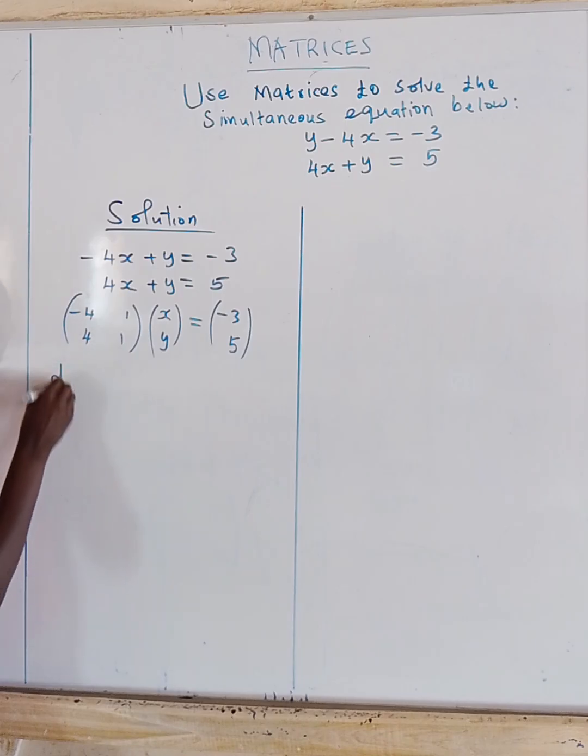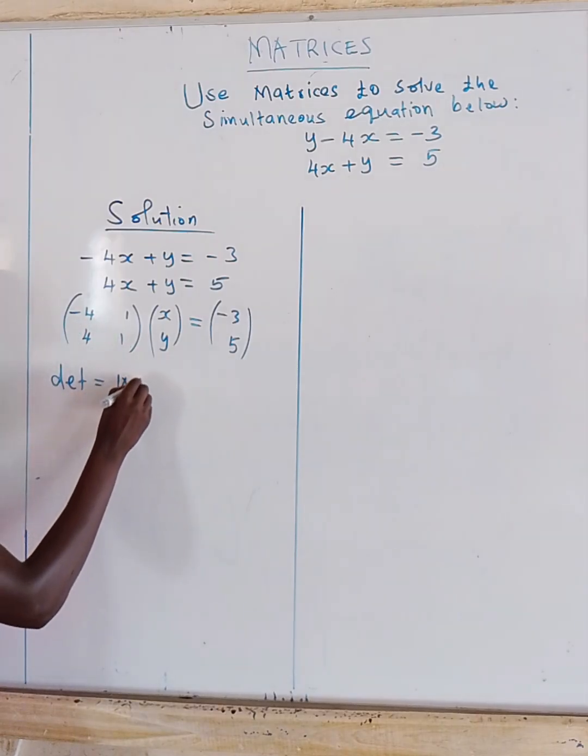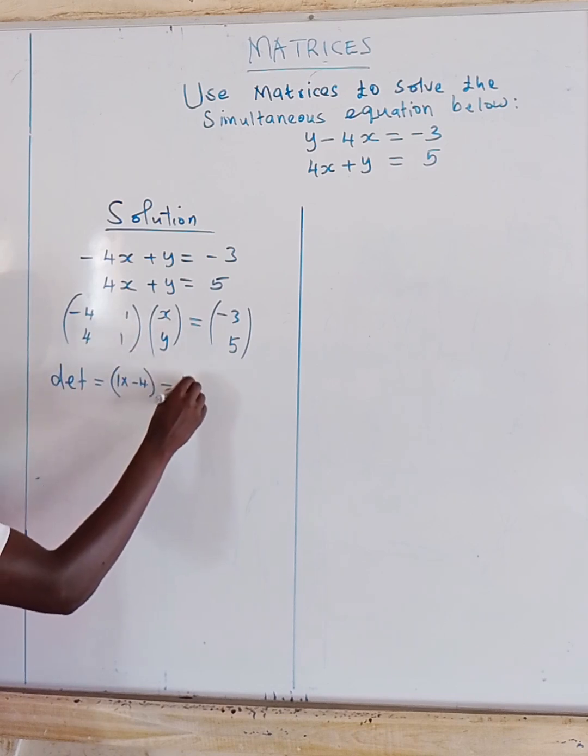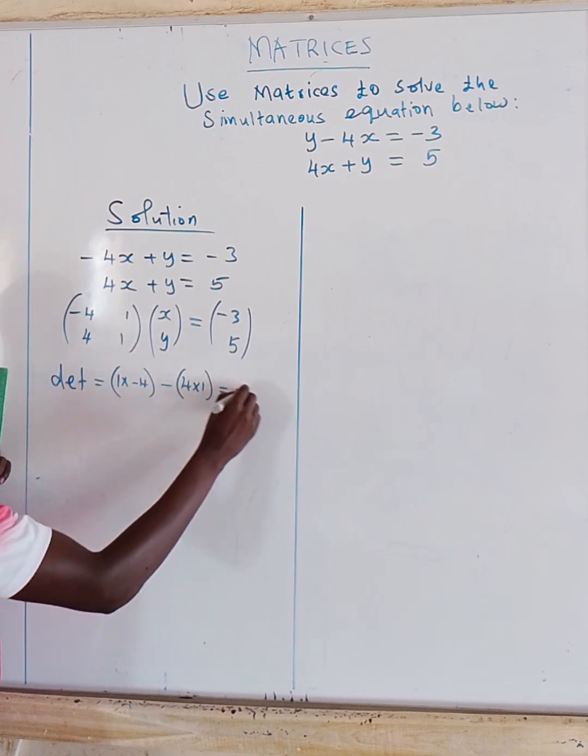So we go to the determinant of the coefficient matrix. The determinant will be 1 times negative 4, subtract 4 times 1. You will get negative 8.